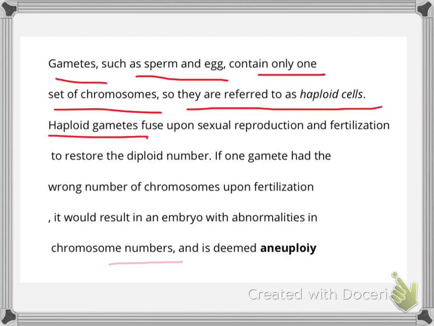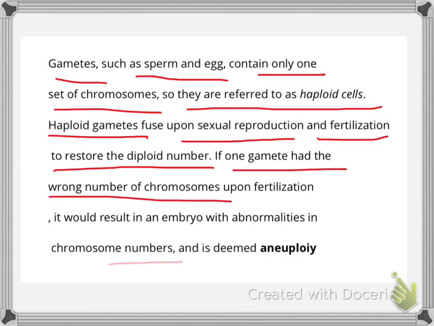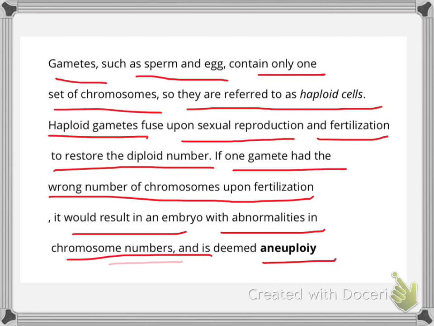The haploid gametes fuse upon sexual reproduction and fertilization to restore the diploid number. If one gamete had the wrong number of chromosomes upon fertilization, it would result in an embryo with abnormalities in chromosome number, known as aneuploidy.